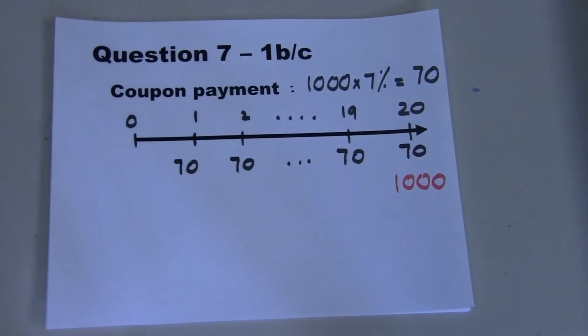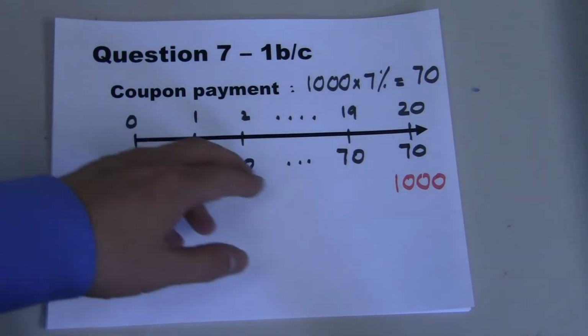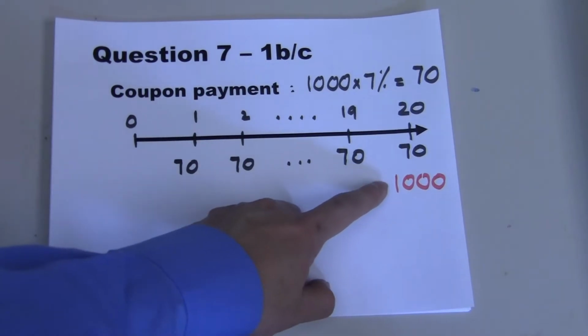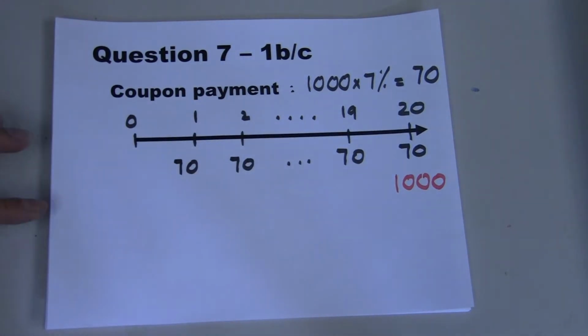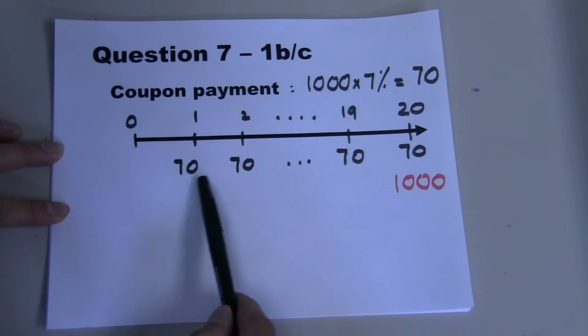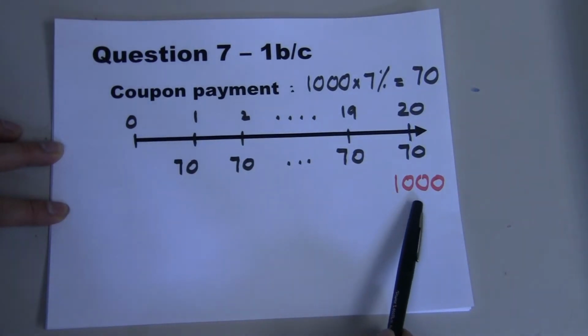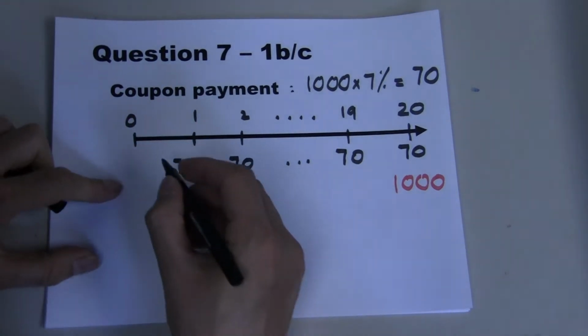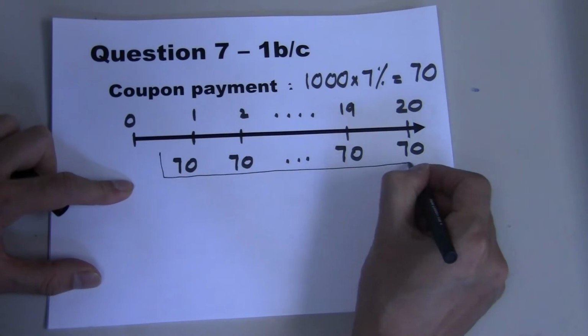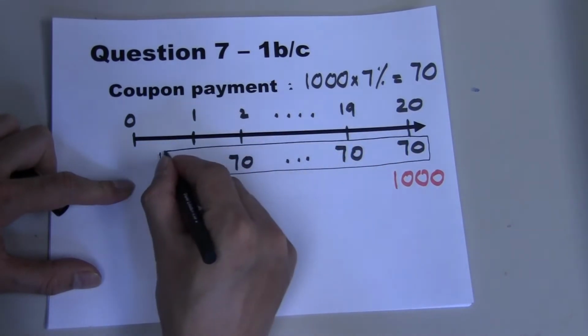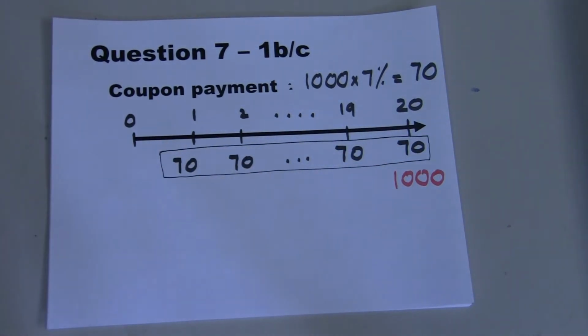So now, how can we price it? The price of the bond, as you know, is the present value of all future cash flow provided by the bond. So it will be the sum of the present value of all coupon payments and the present value of that face value. You can see that the coupon payments create something like an annuity.